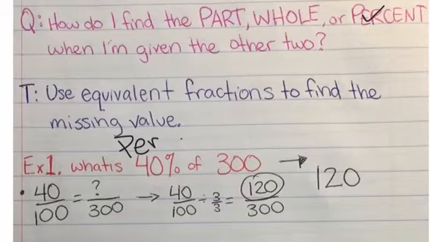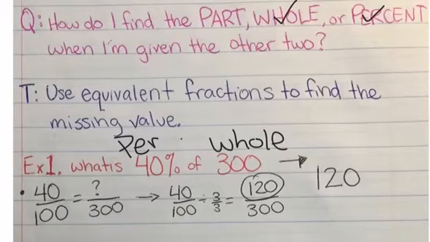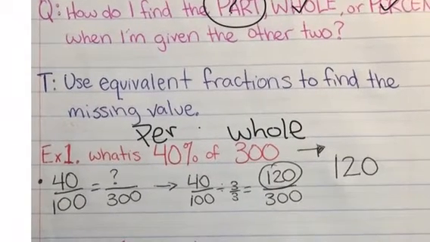So we have the percent. Next, it says 40% of 300. So in this scenario, 300 is our whole, because that is the whole thing we're checking out. So we have the whole. So what we're looking for is the part. Okay, that's the question.